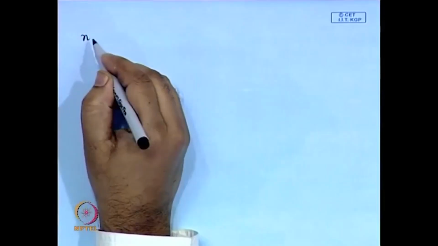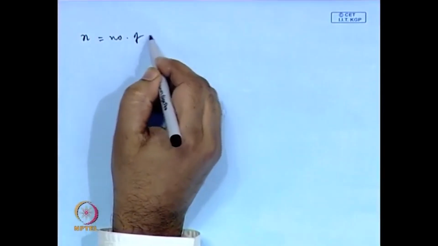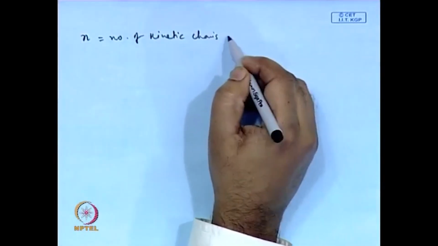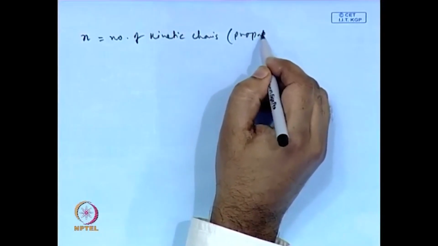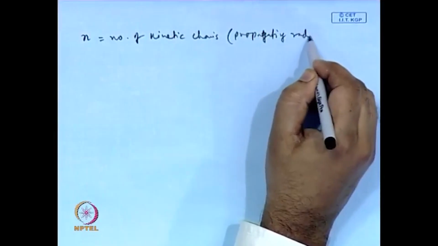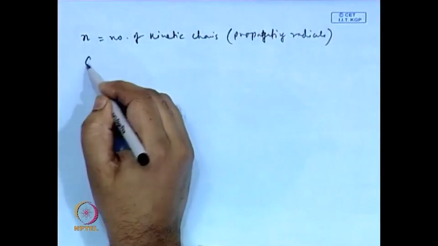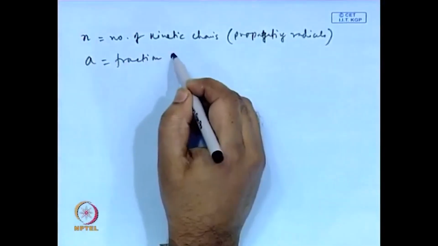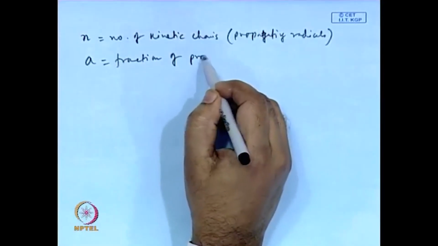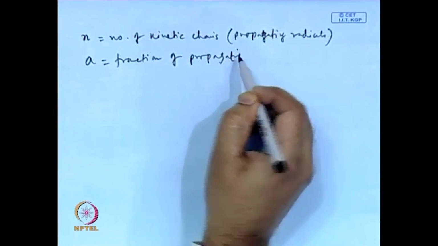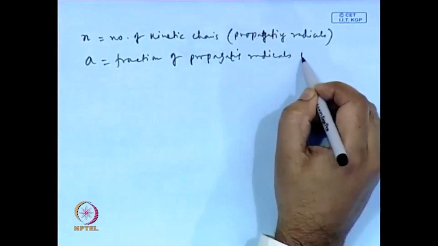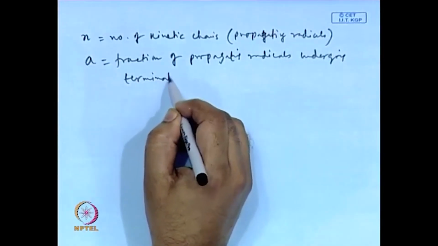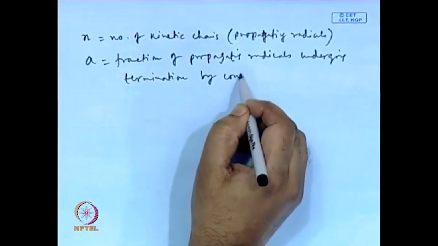See, if I have N kinetic chains, which means propagating radicals, and of this N, A is the fraction of these propagating radicals undergoing termination by coupling.